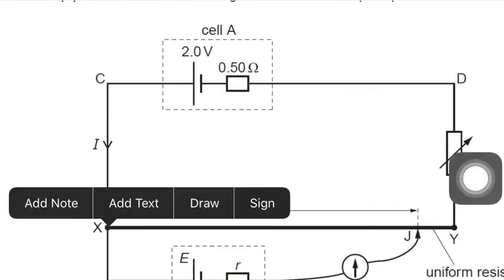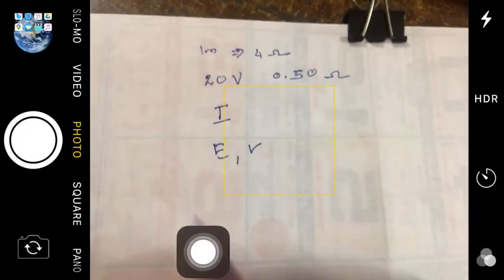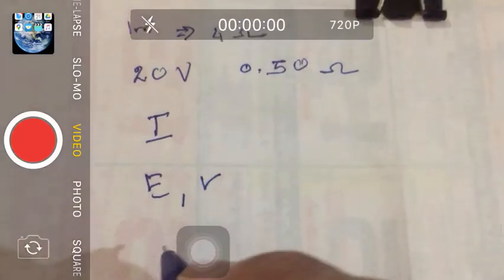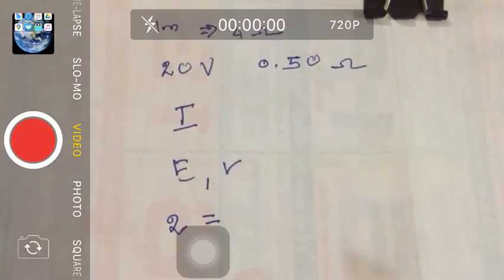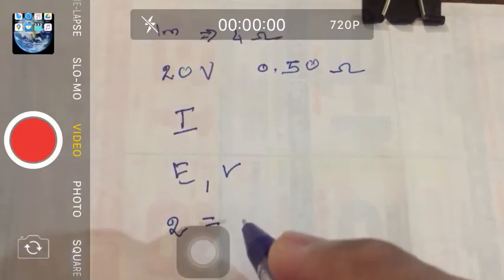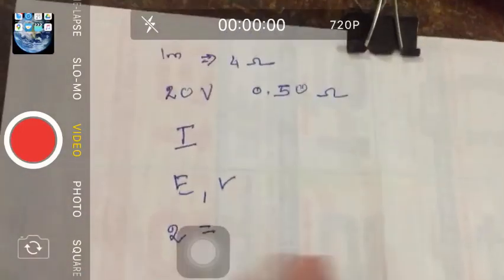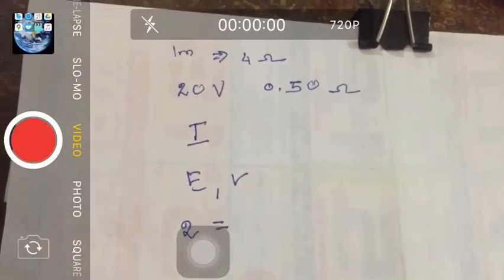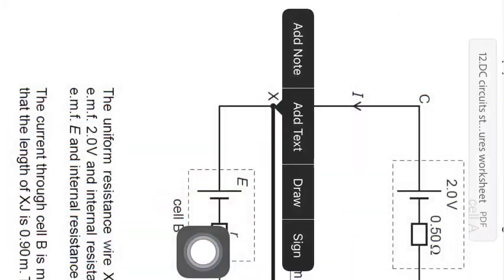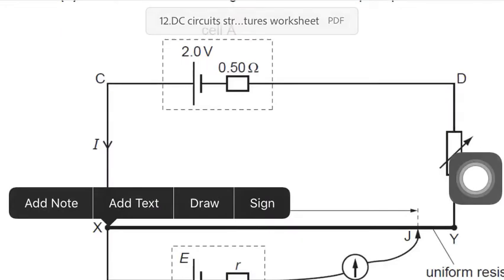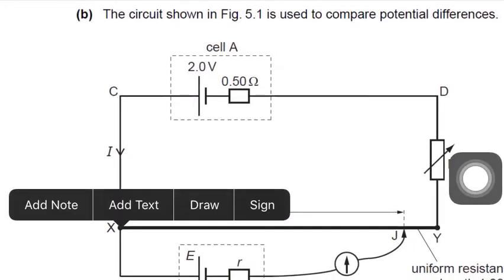So applying Kirchhoff's law, the EMF 2 volts is equal to the sum of potential differences. So now I'm going to take another lap and see what are the potential differences there. The section of the wire CX is of negligible resistance.